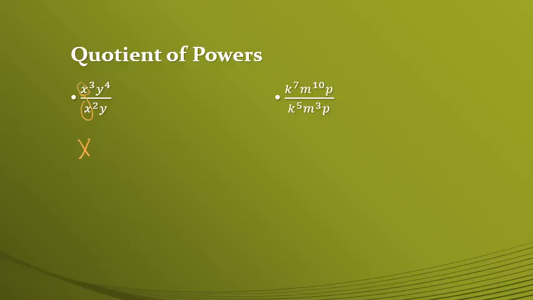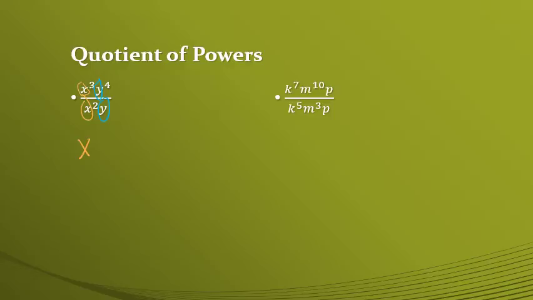Now, with the y, I have a base y in the numerator, and I have a base y in the denominator. And in the numerator, y is raised to the power of 4, or y to the fourth. And in the denominator, it's just y to the first power. If I do not see an exponent there, I know that it is just y to the first.